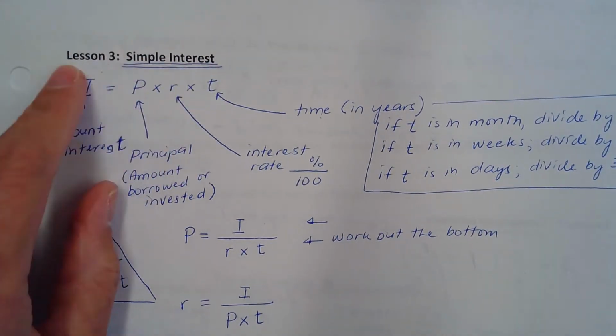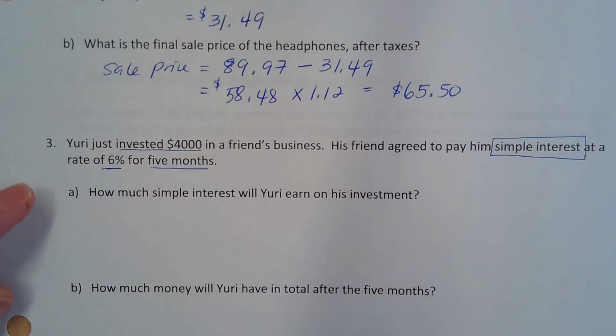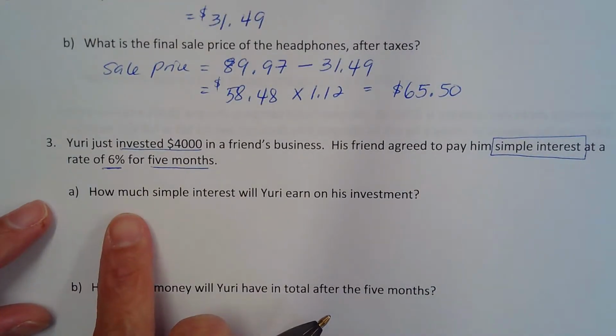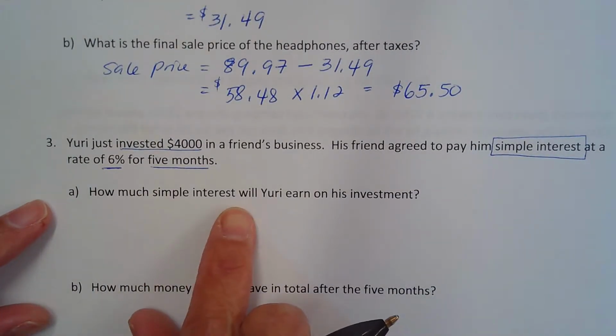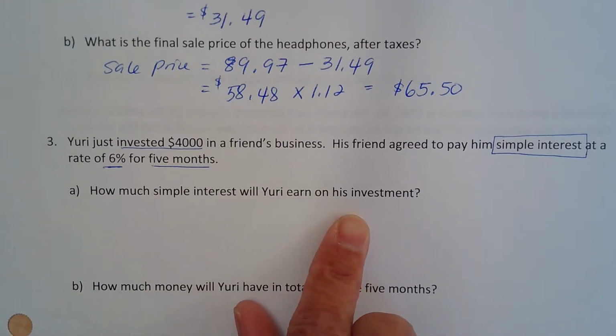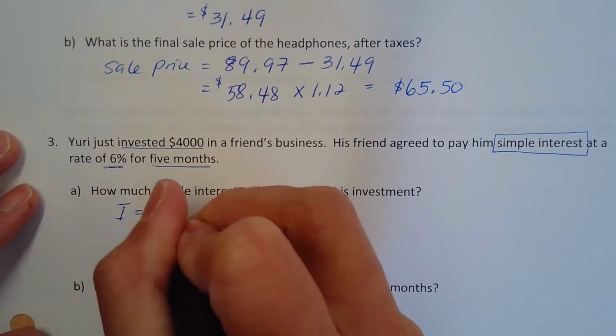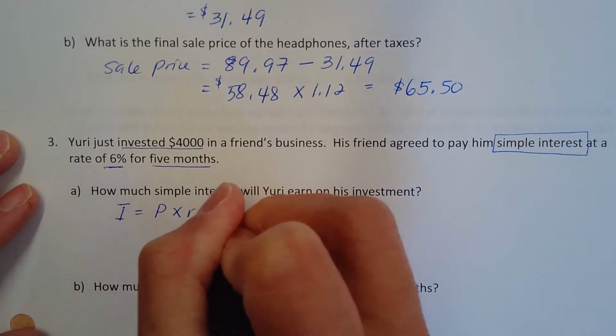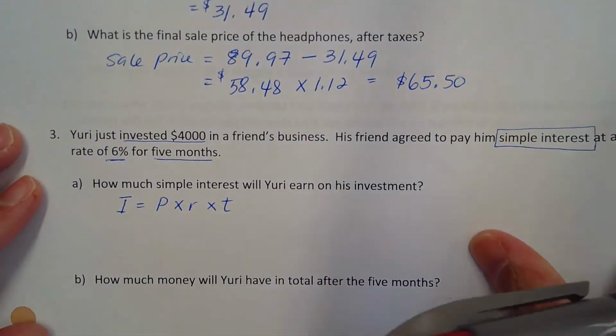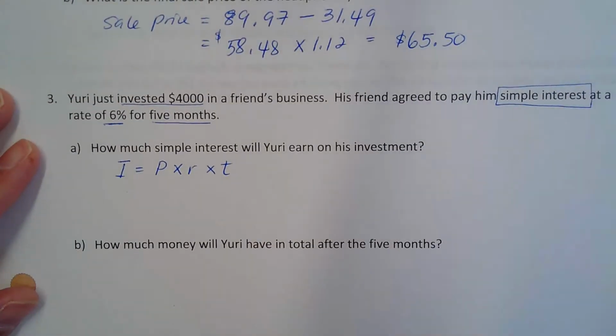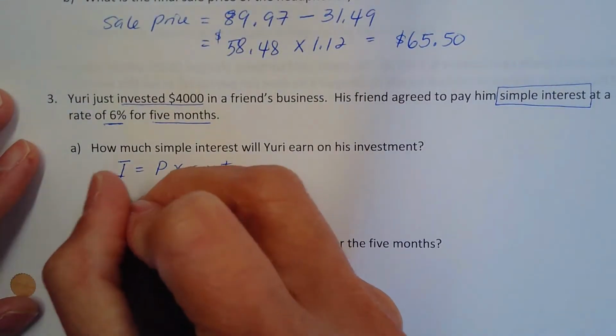This is the topic, simple interest. So the question is, how much simple interest will this person earn on the investment? So we know I equals P times R times T. We're looking for I.